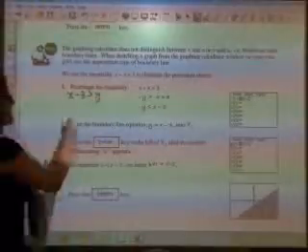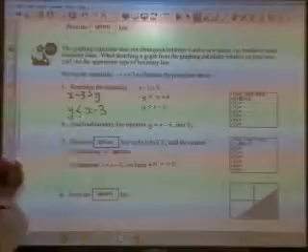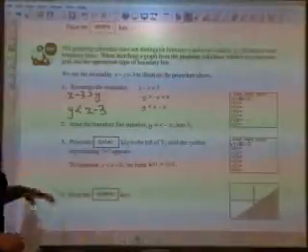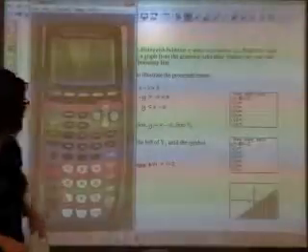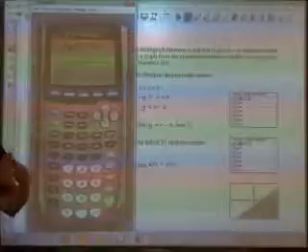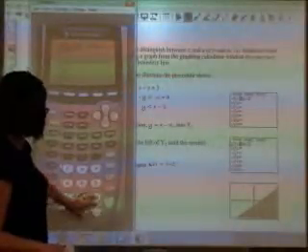But then when I read this, I could rewrite it as y is less than, rather than trying to remember to flip the inequality. So I put this into y equals, clearing whatever you have for y1, and you're going to type in x minus 3.